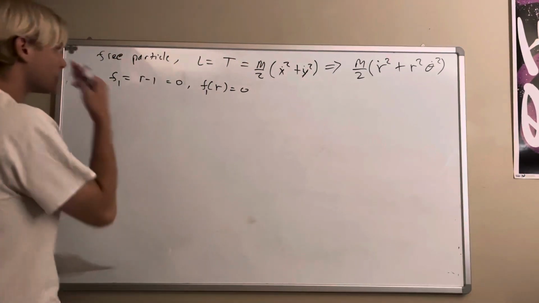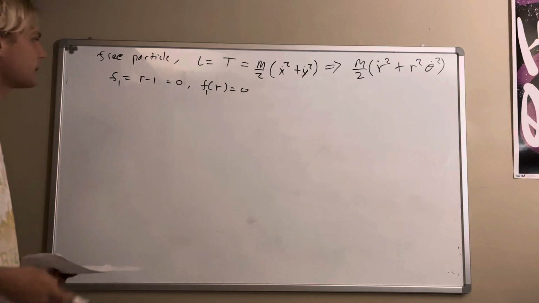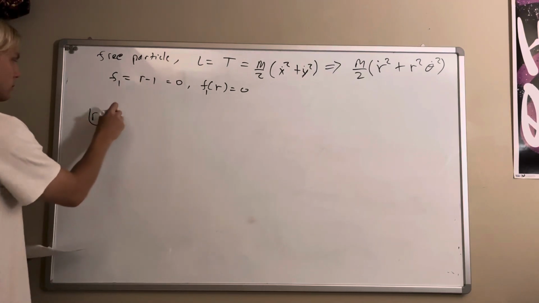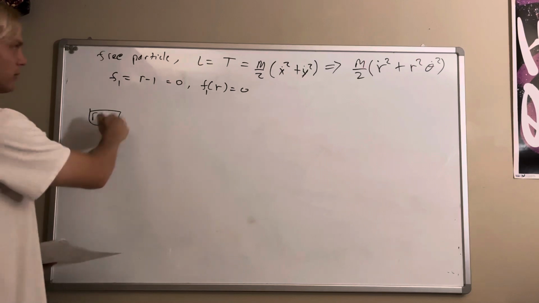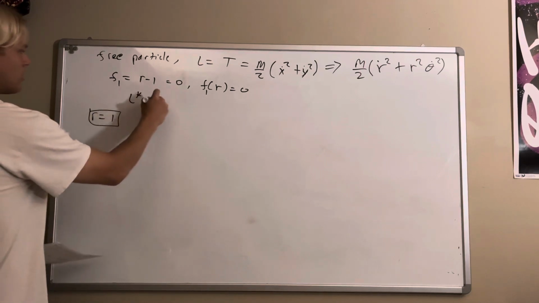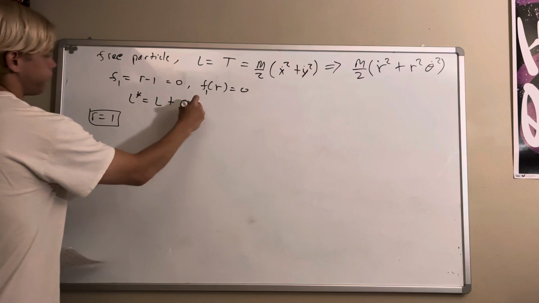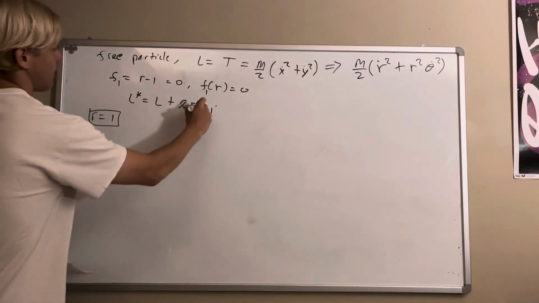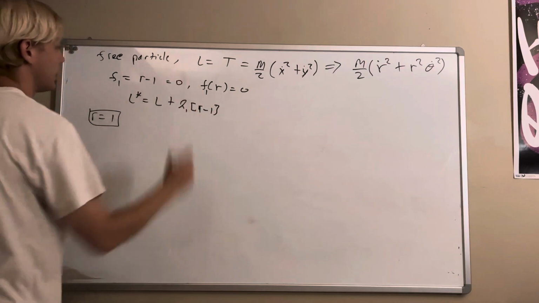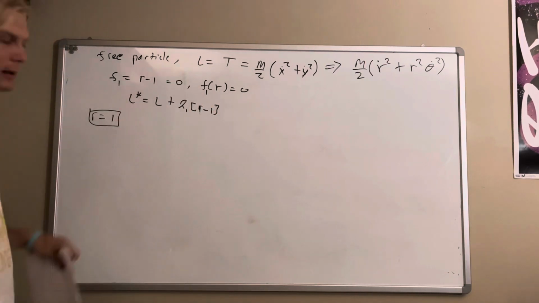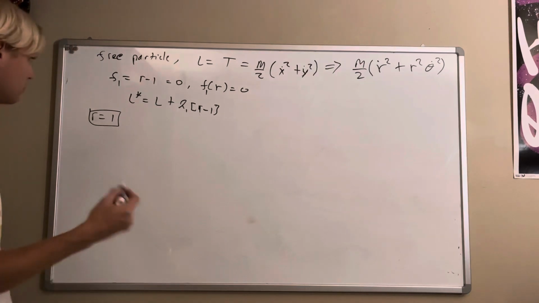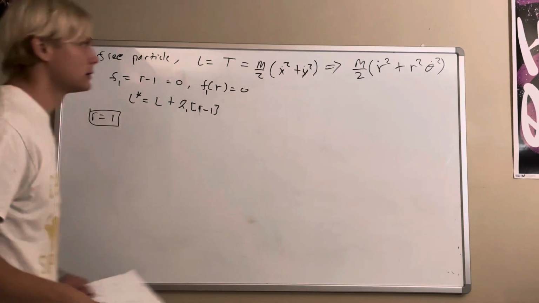And then you'll see if we do the same steps, we get r is equal to 1. If you do the modified Lagrangian, we do the thing like I said in the very beginning, and then here comes the fun part.